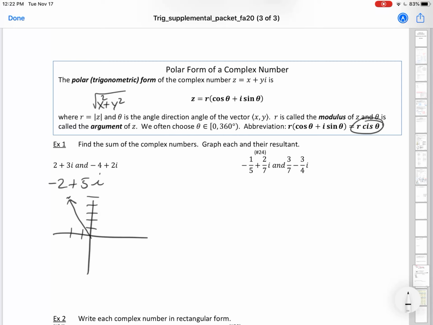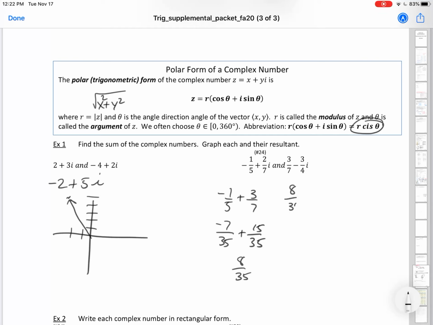Negative 1/5, and so, yeah, they're going to pick fractions because they love you. I've got to take a negative 1/5 and add to that 3/7. So what's that look like? That's negative 7/35 plus 15/35. 15 minus 7 is 8/35.